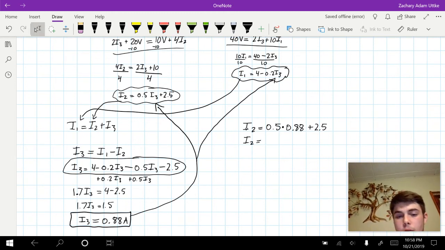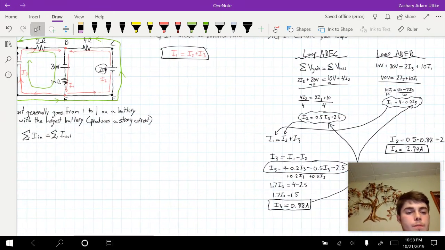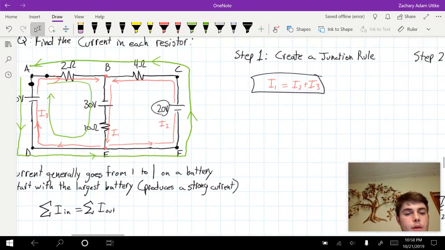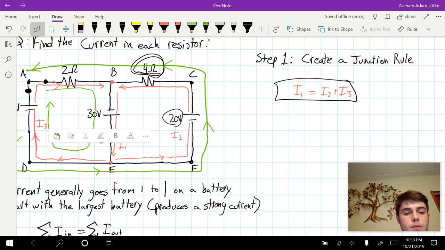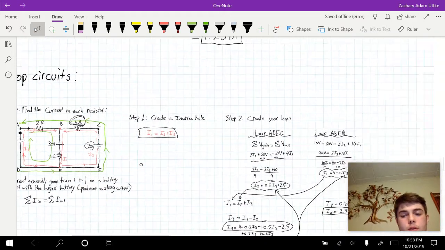So I2 equals 2.94 amps. Okay, so we have I2, and that is the current going through this 4 ohm resistor right here.